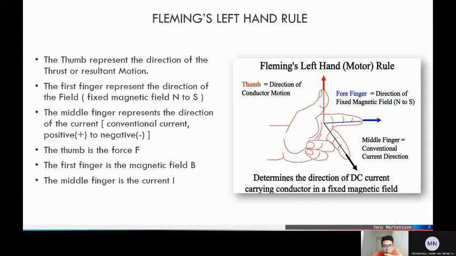The first finger represents the direction of the field, the fixed magnetic field, north to south. And the middle finger represents the direction of the current, the conventional direction, positive to negative. The thumb is the force, the first finger is the magnetic field, and the middle finger is the current.